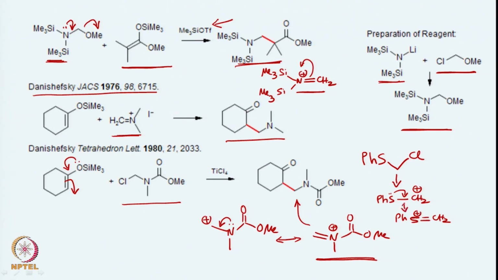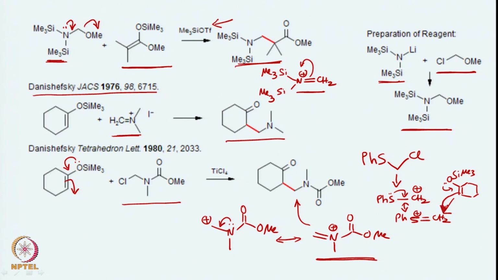So, you have the resonance between these two, and then the nucleophile from the enol silyl ether can attack onto this particular species carbon atom.